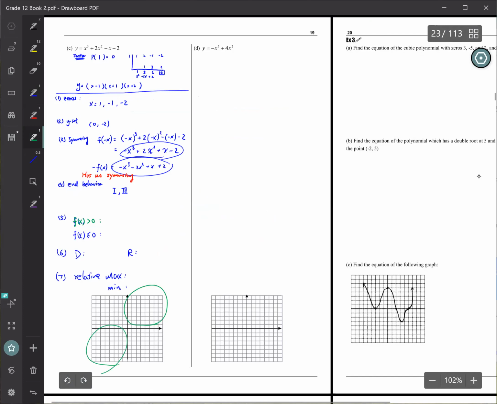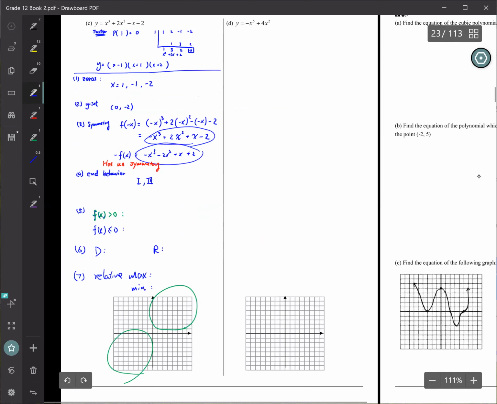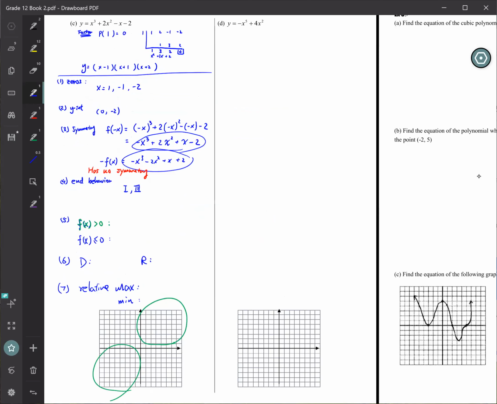You say it from left to right. On the left side, positive or negative? Ray? Negative. So you start with negative, and then you say positive. You say it from left to right when you say the answer, different from saying quadrants, where you just say 1, 2, 3, 4.